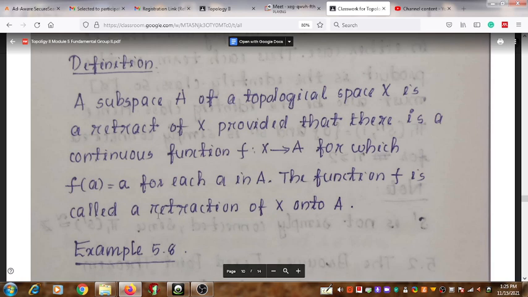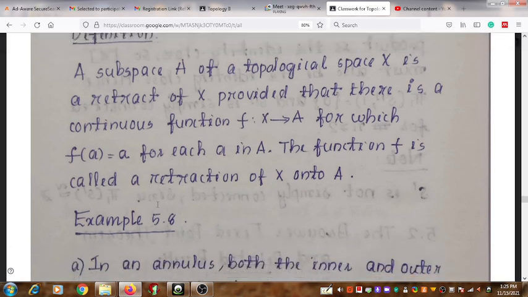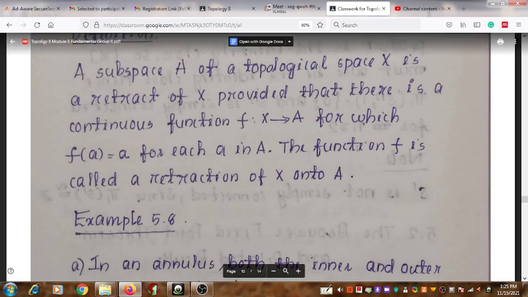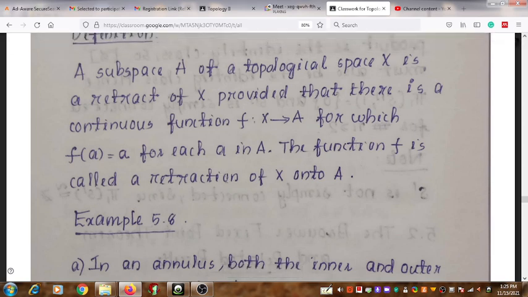The function defined on X which possesses this property is called a retraction of X onto A.